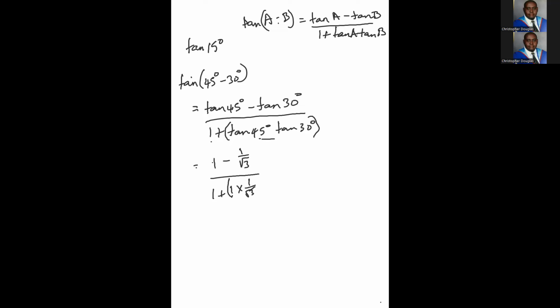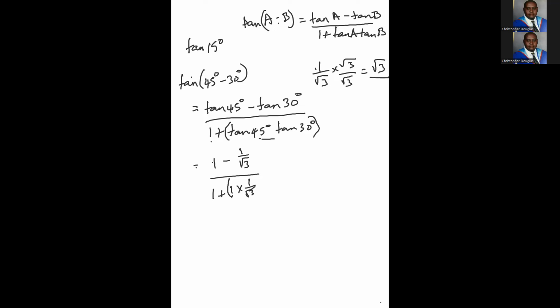Now we know if we're supposed to rationalize, if you have 1 over root 3, I can easily rationalize it so that the denominator is free of radicals, meaning getting rid of the surds. So what would I have to do? Technically, I'll have to multiply the top and bottom by root 3. Now to rationalize the denominator, 1 times root 3 is root 3.